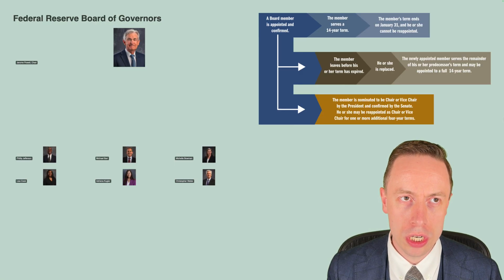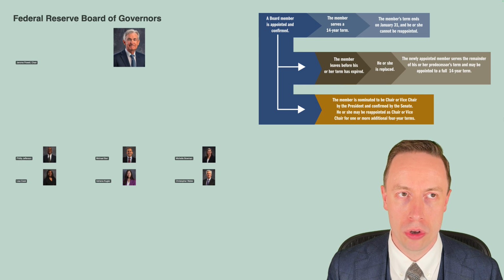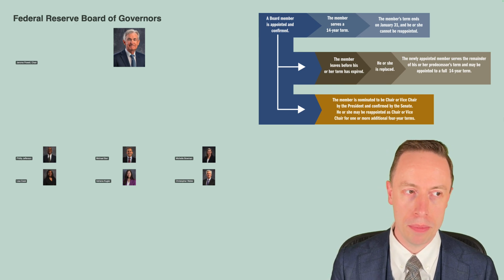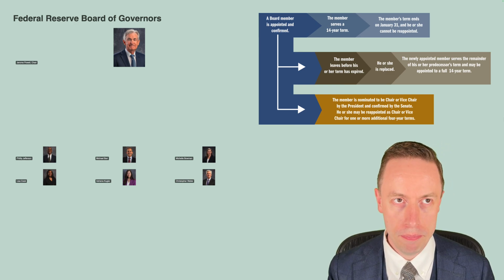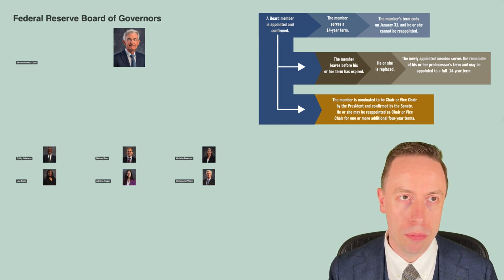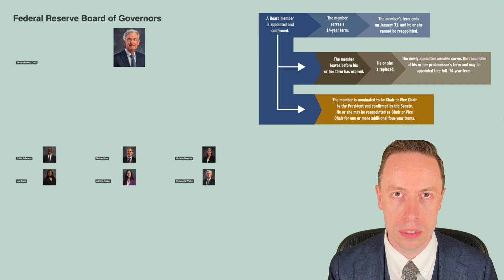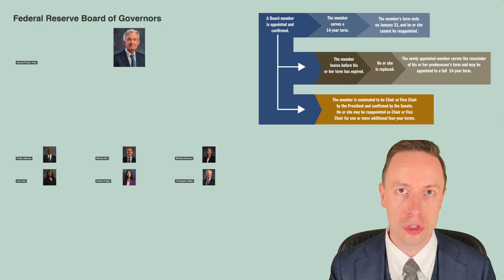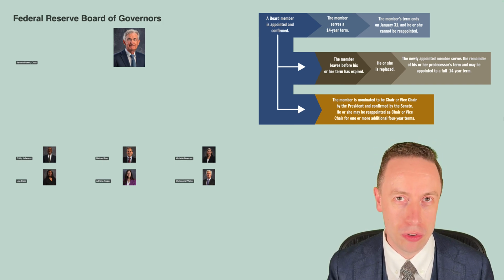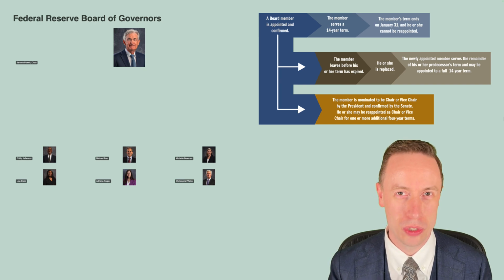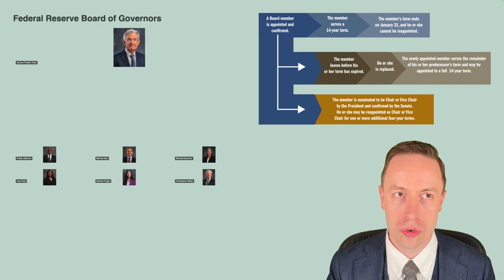But let's first talk a little bit more about this Board of Governors. So again, 7 members, one of them is the chair, and as I'm recording this video, that will be Jerome Powell. So when you hear about the Fed in the news, whoever is that chairperson of the Board of Governors is often said to be the head of the Federal Reserve, the chair of the Federal Reserve, something along those lines, sort of a shorthand to illustrate that they are the most powerful person there.